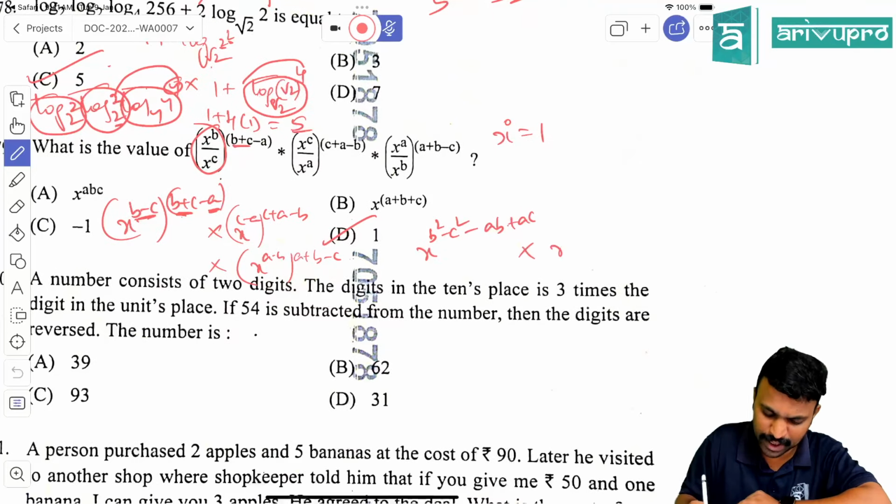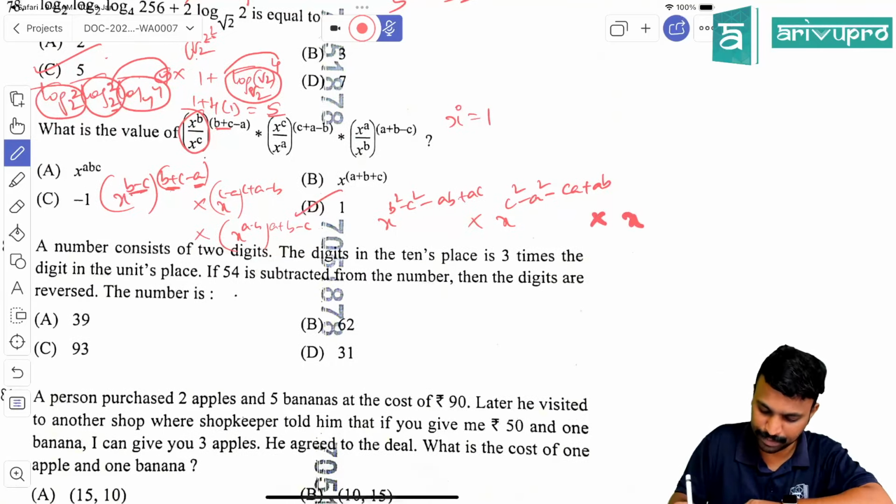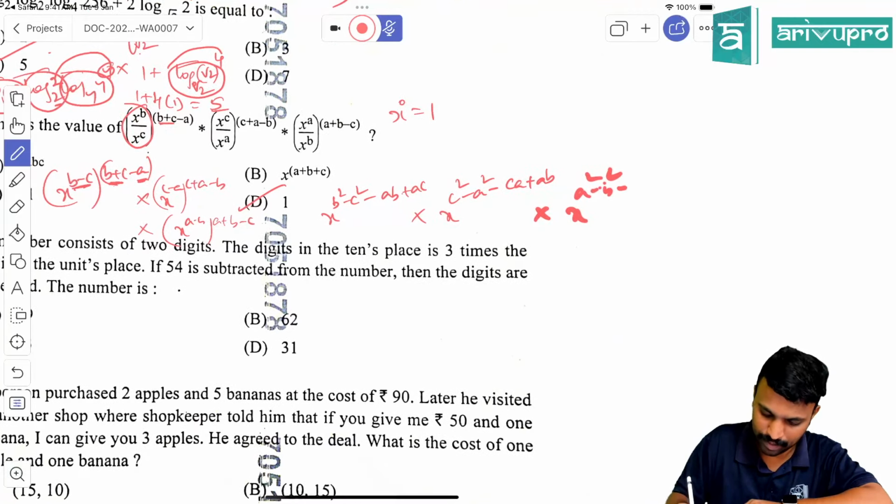Similarly, x power c square minus a square minus ca plus ab, correct? And then the last term, x power a square minus b square minus ab minus what is it?